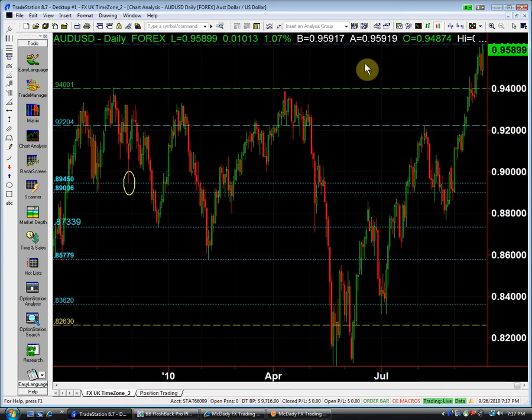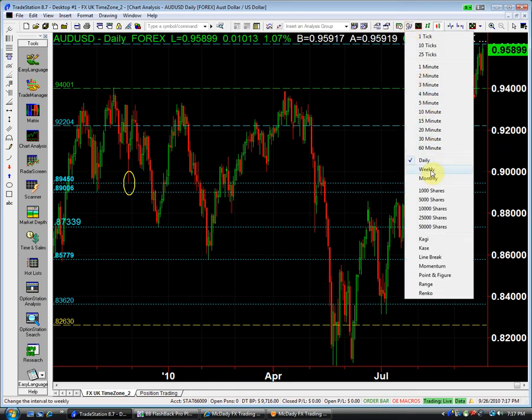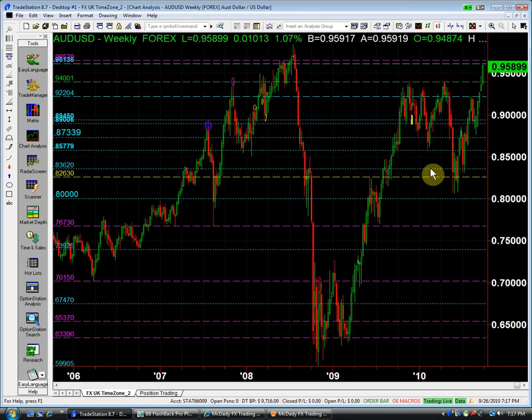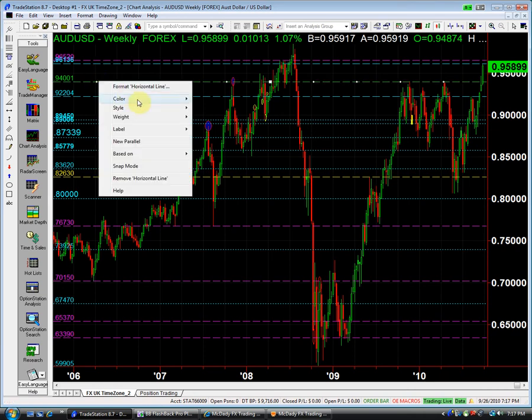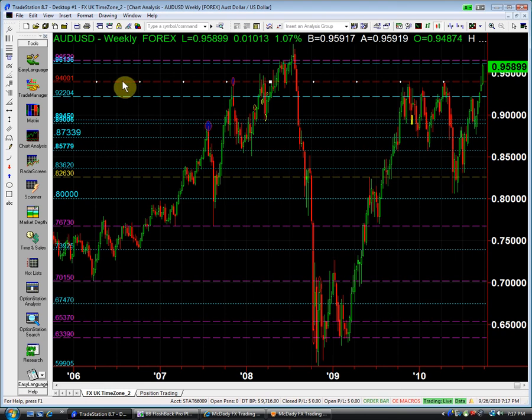Our structural short is, I've chosen the structural short to be the 93.29. Just change the colour of this to red.